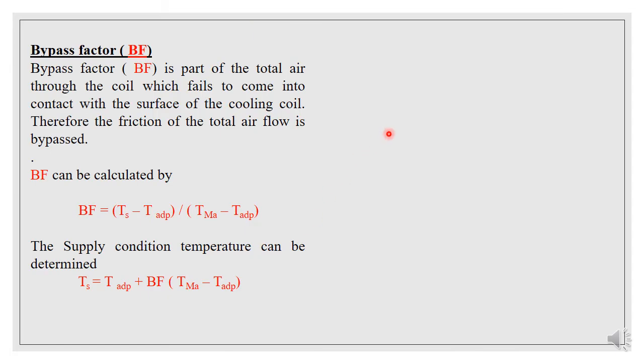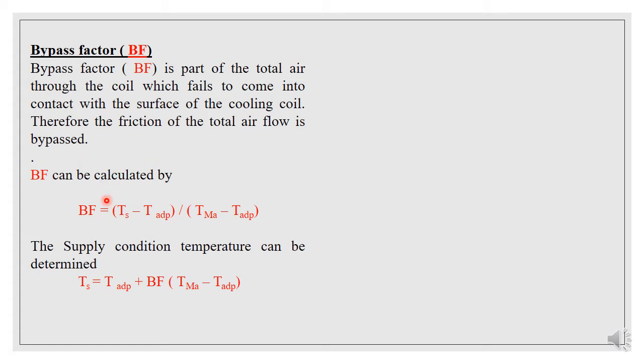Alright, another thing is bypass factor. So bypass factor is actually the part of the total air through the coil which fails to come into contact with the surface of the cooling coil. Therefore, a fraction of the total airflow is bypassed, and the bypass factor can be calculated by using this formula.